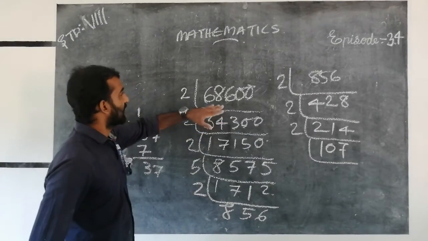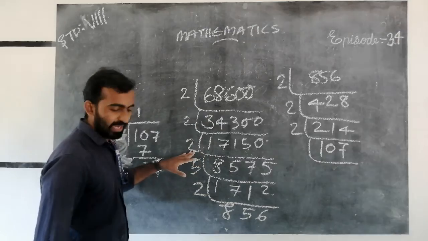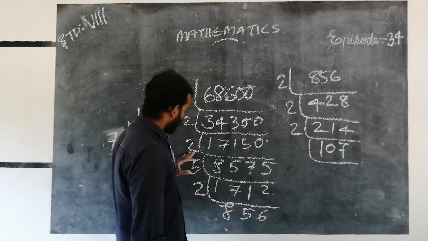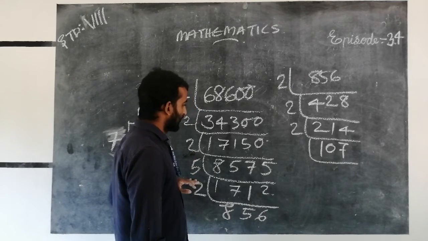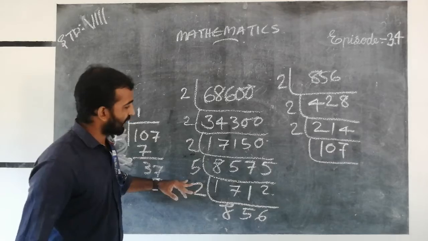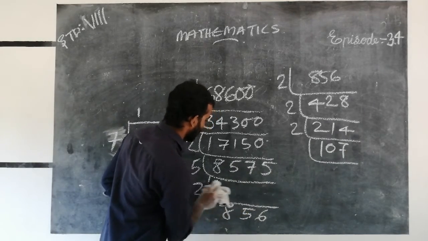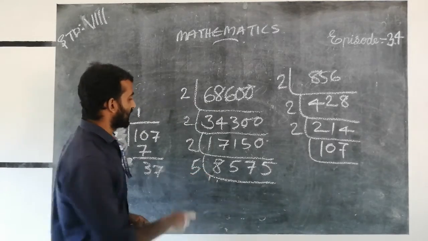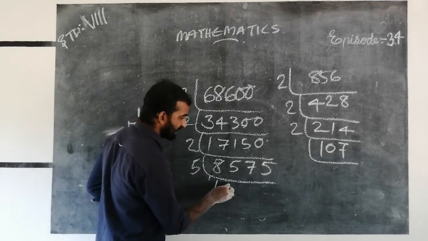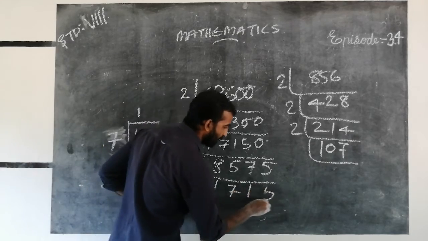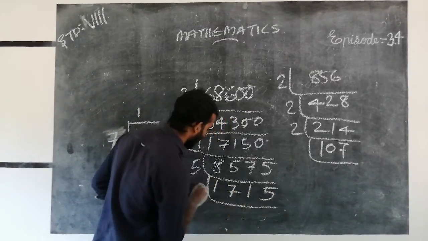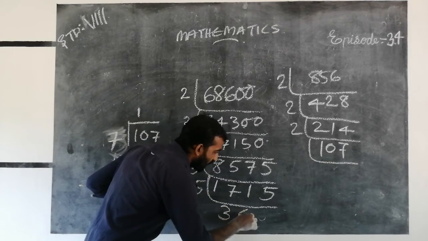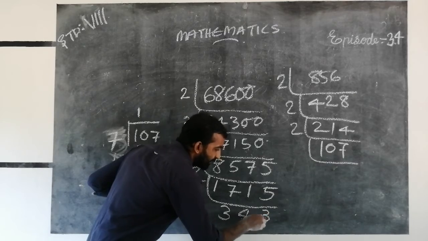When we recheck, here is 68 and we get 6. Is it? Yes. And next we take 3 times 5. Here we find 5, that is 1 7 1 5, and next we also take 5, so we get 3 4 and 3.